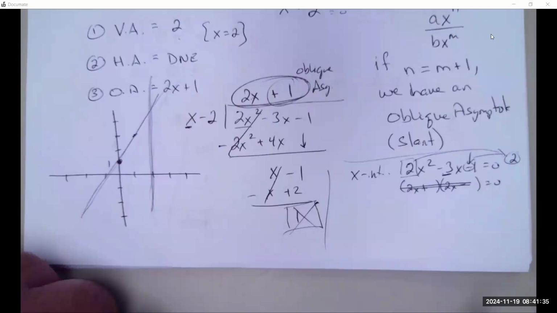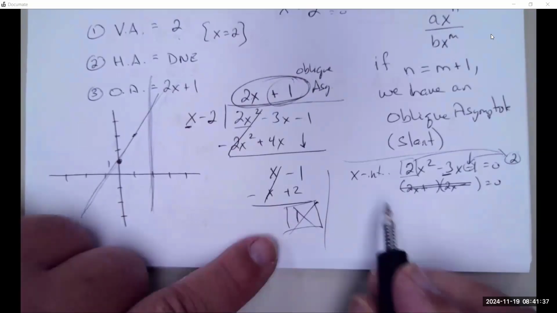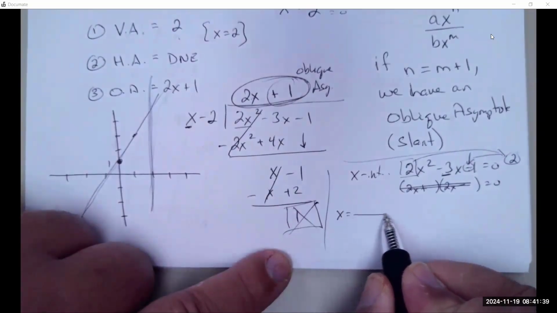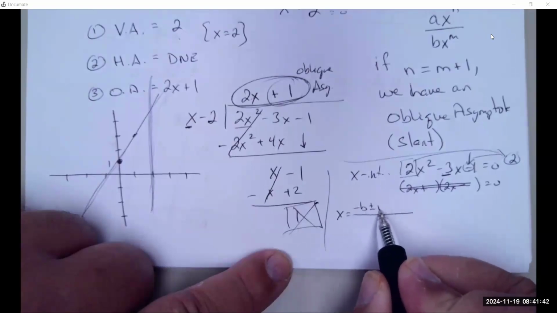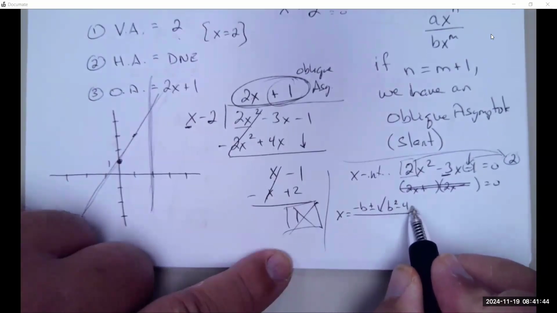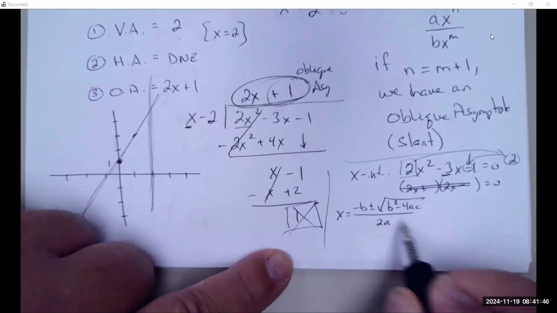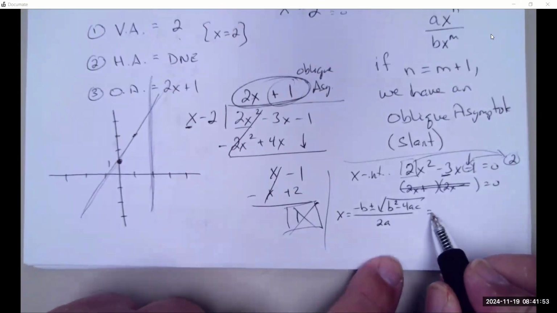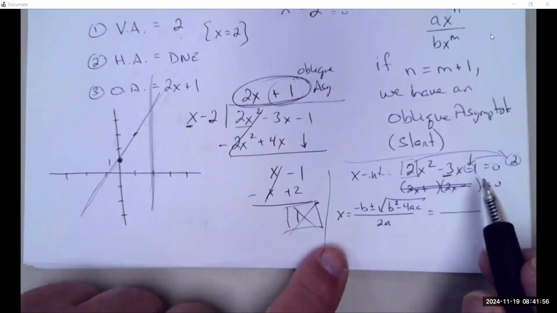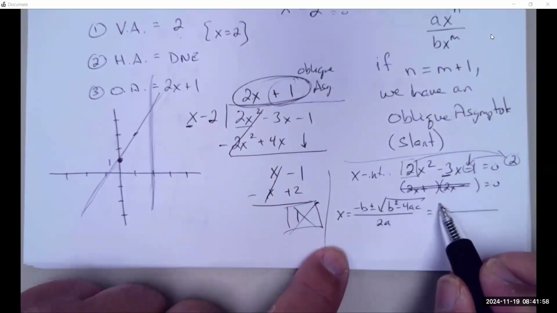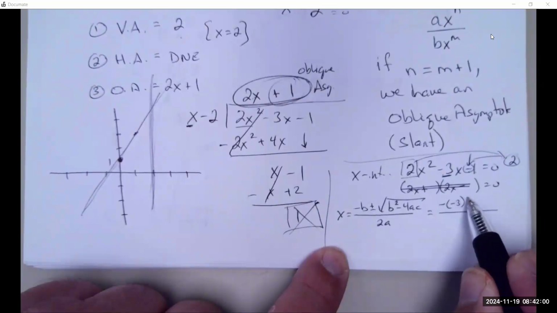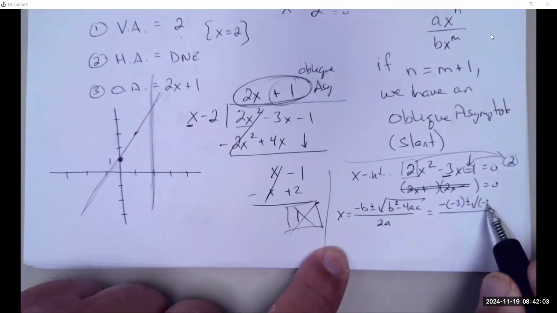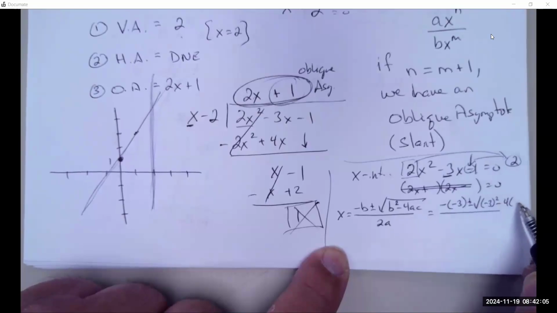We have to use what method? Since we can't factor it, we have to use the quadratic formula. What is b? So it's negative of a negative 3. Negative 3 squared. A is 2 and C is 1.